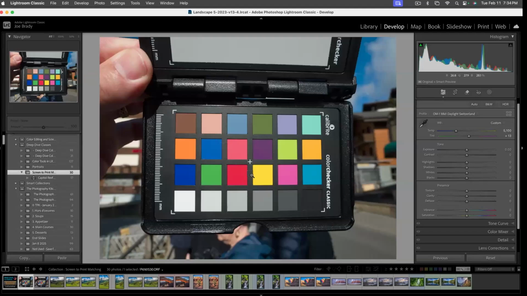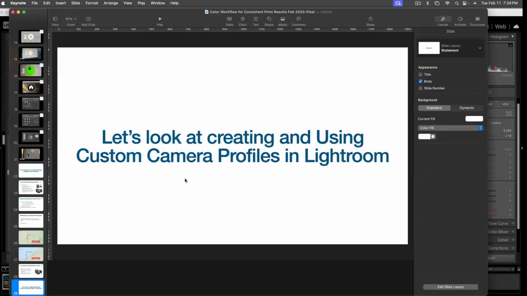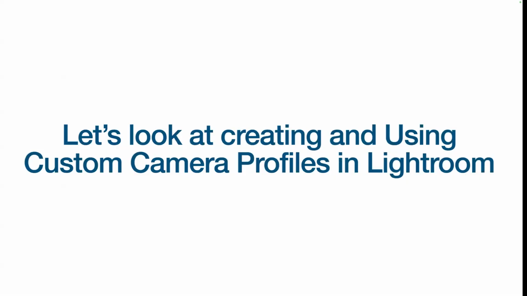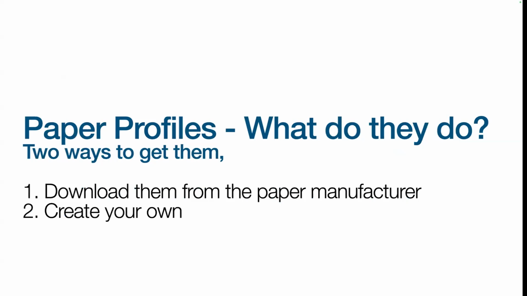All right. Let's go back to here. Okay. Then we have our third profile, paper profiles. They do the same thing that our monitor profile and the camera profile do. And it's actually done almost the same way. There's two ways to get them.